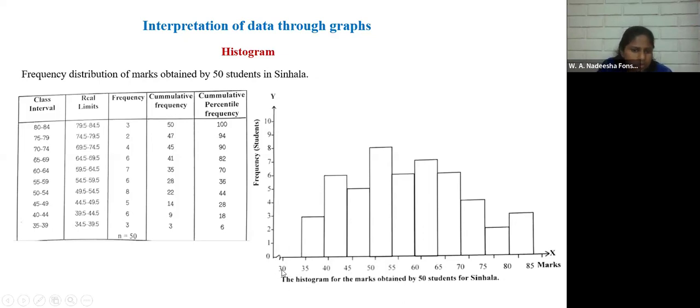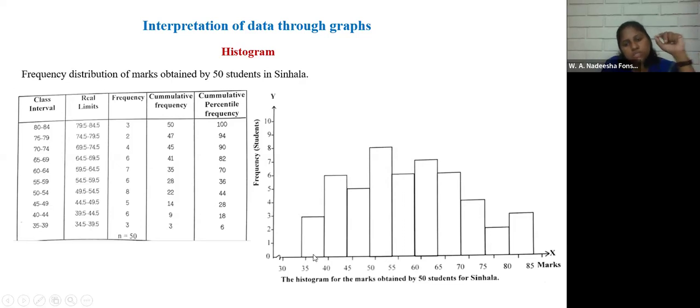The axis starts from 30 and ends at 90. The first real limit is 34.5 to 39.5. The frequency is 3, that is why this bar is here. Likewise, we draw the relevant bars. This is called a histogram.